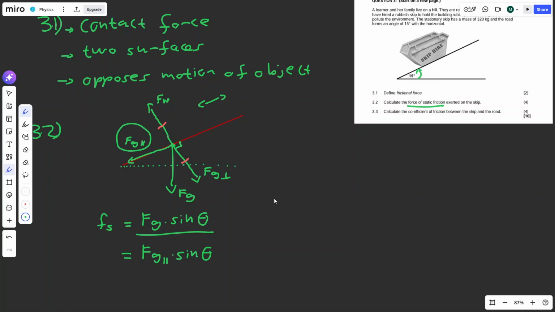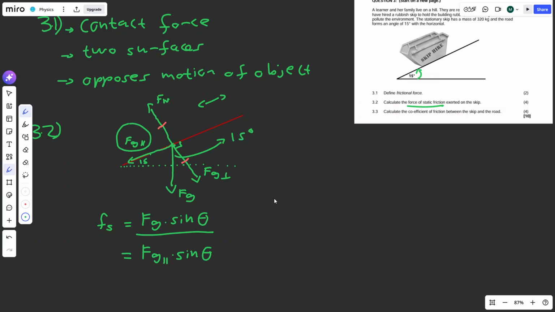So there's this angle, 15 degrees, the angle that was given. That angle, we can actually put up here, between the perpendicular component. We just put it here, 15 degrees.